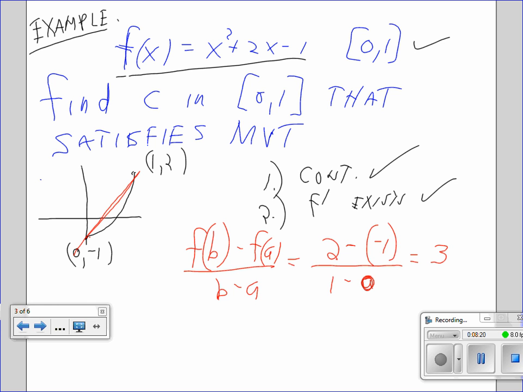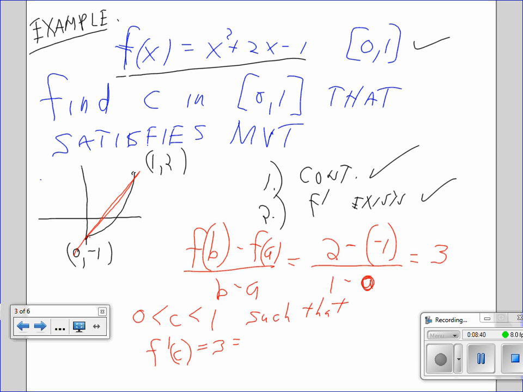Okay, so what the mean value theorem then says is there must be a c between 0 and 1 such that f prime of c is equal to 3.